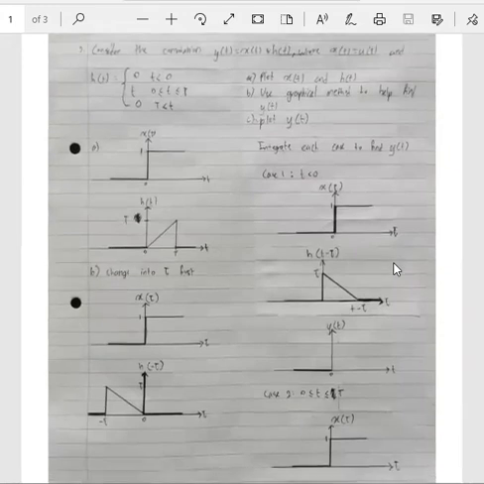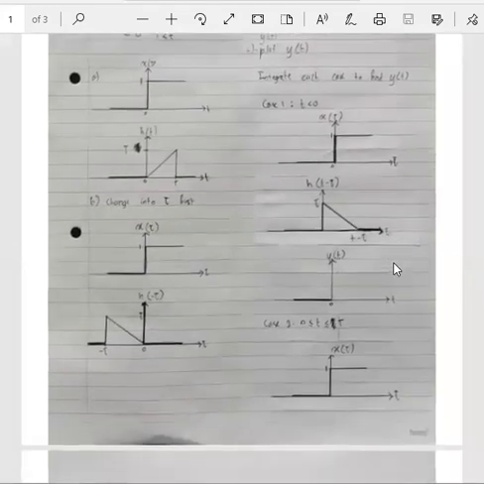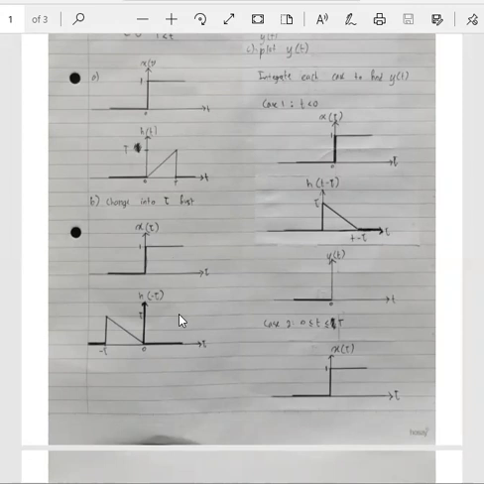In order to find y(t) using the graphical method, we have to change h(t) and x(t) into h(tau) and x(tau). So x(tau) becomes this, and then h(tau) we have to shift so it becomes h(negative tau). Once we are done with that, we go into the integral part in order to find y(t).